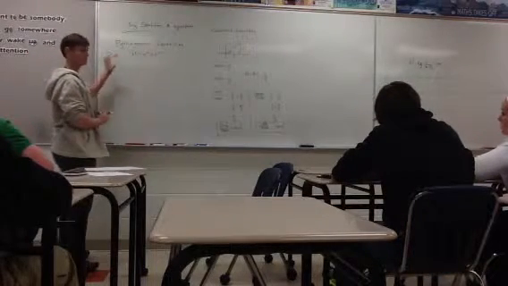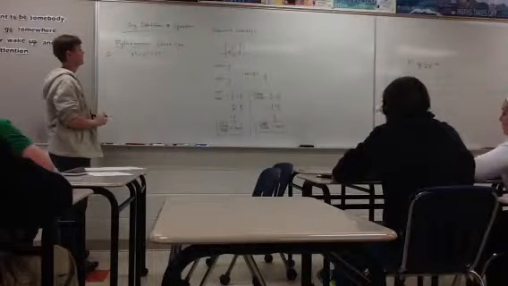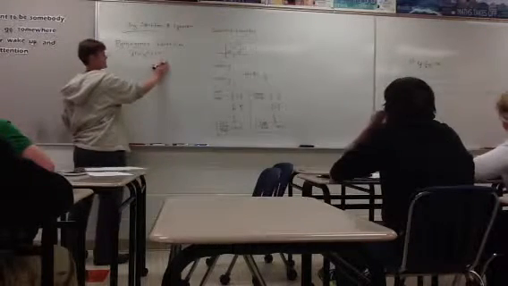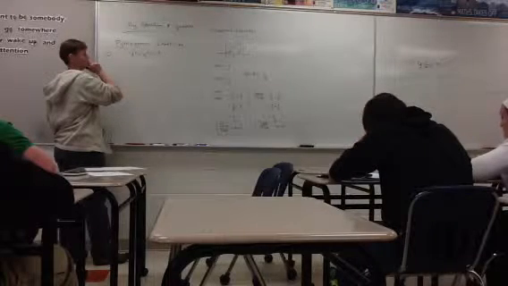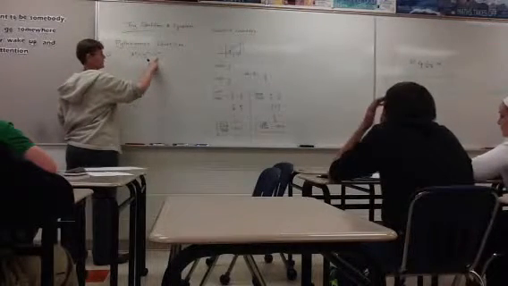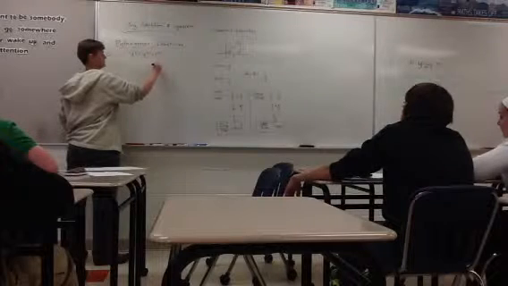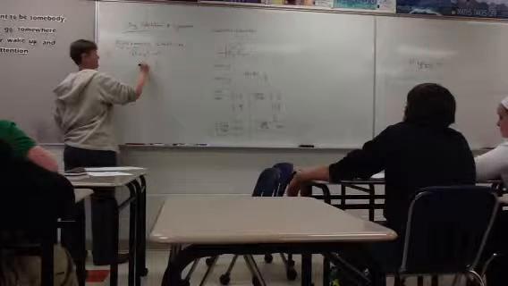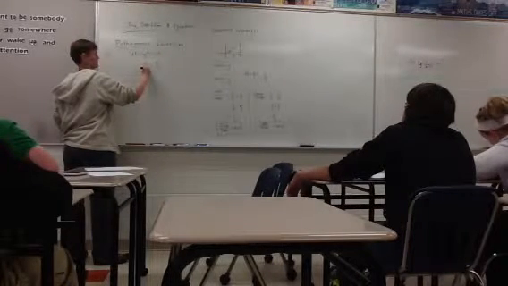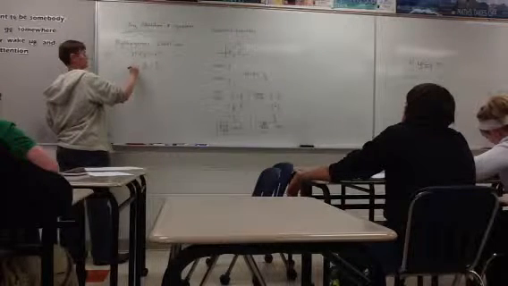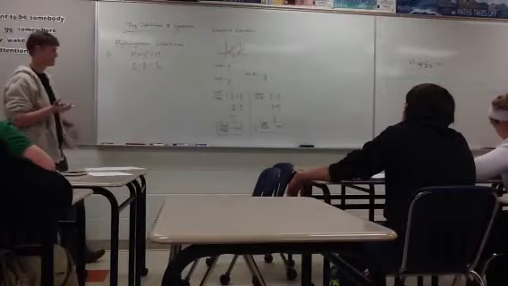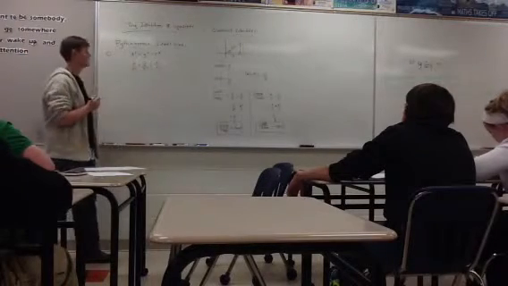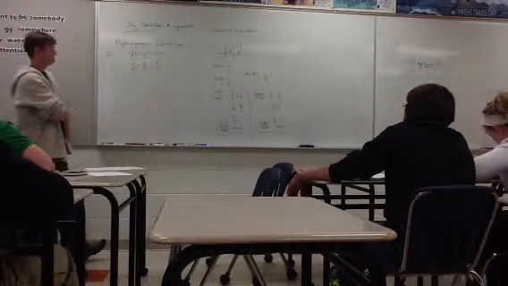So what I'm going to do with this is divide this whole equation by, how about r squared? I'm allowed to divide an equation by something as long as I do it to all terms, left side and right side.